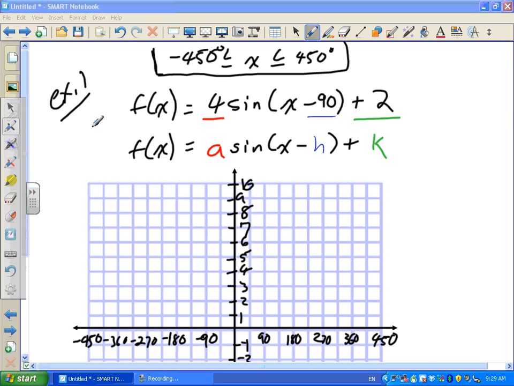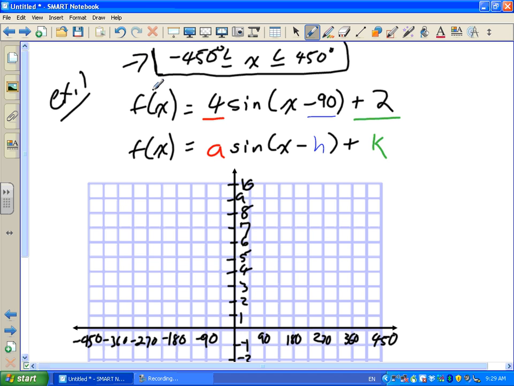When you're given a function like this, there will sometimes be a restriction. It'll say to draw the sine x between these two sets of degrees. So that means on your x-axis, you only need to start at negative 450 and go to positive 450. So it'll give you an idea of how long you have to draw this wave for.